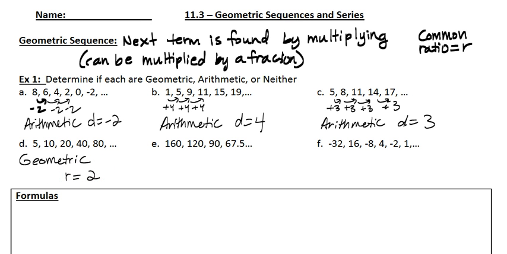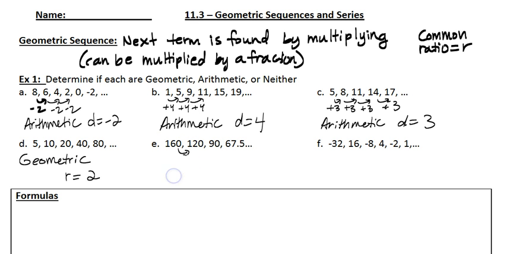Now sometimes it's a little tricky to see if it's geometric. For this next one, for example, if it was going to be arithmetic, it would be subtract 40 each time. That's not going to work. So I need to figure out if it was geometric, what's happening between 160 and 120. And to figure that out, we can always just do a term divided by the previous term. So to go from 160 to 120, it's kind of like we're working backwards.